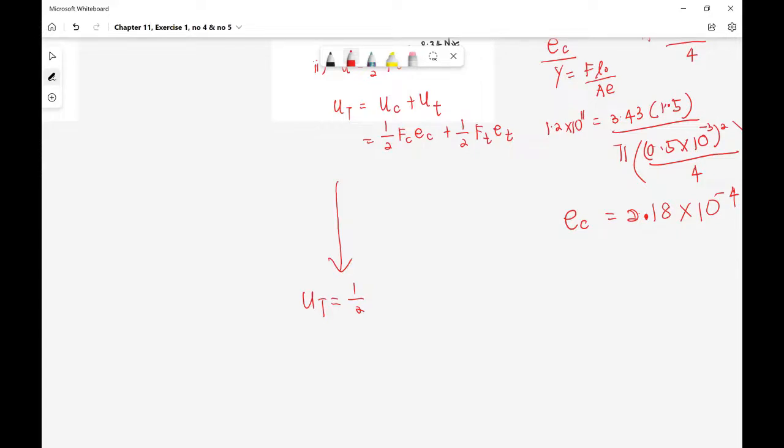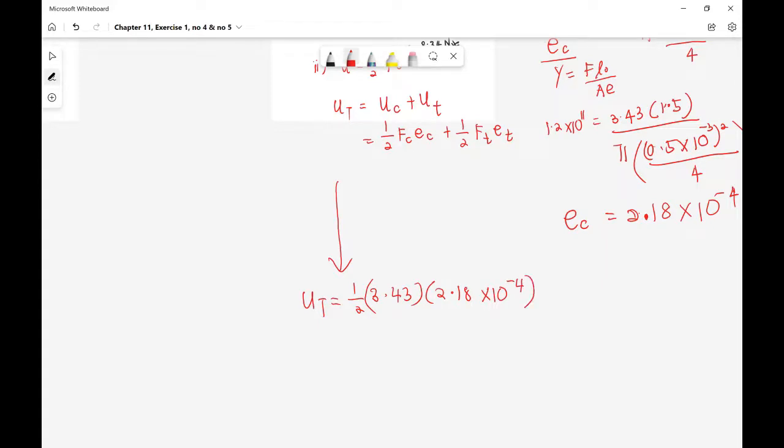Yang mana force untuk copper adalah sama dengan tension copper. Nilainya adalah 3.43. Okay, times elongation untuk copper. Okay, dah kira tadi 2.18 times 10 to the power of negative 4.